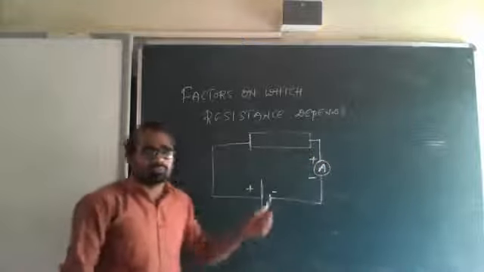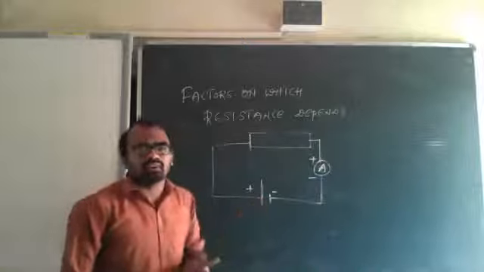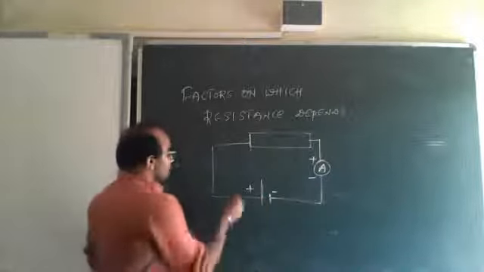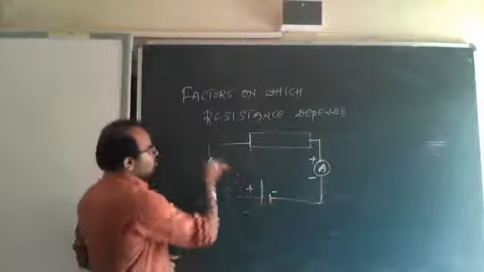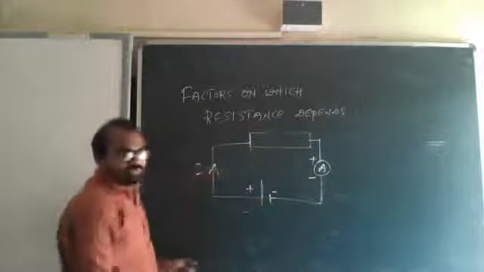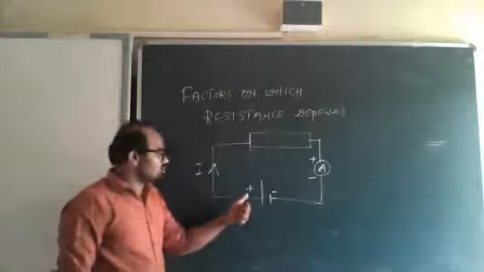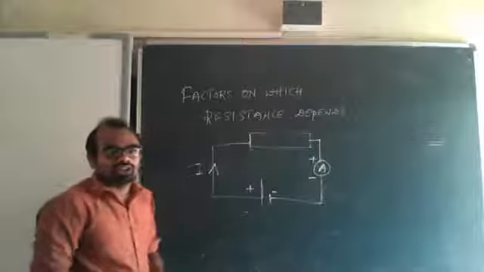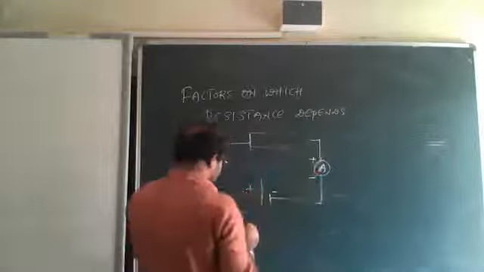What is the purpose of an ammeter? It is the device used to measure electric current in the circuit. The direction of I will always be from positive to negative. Conventional flow of current is from the positive terminal of the battery to the negative terminal. So this is our circuit.